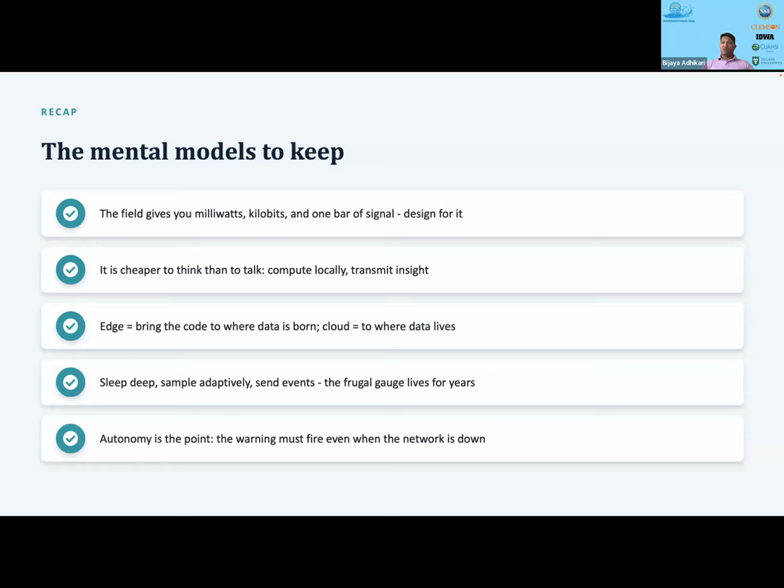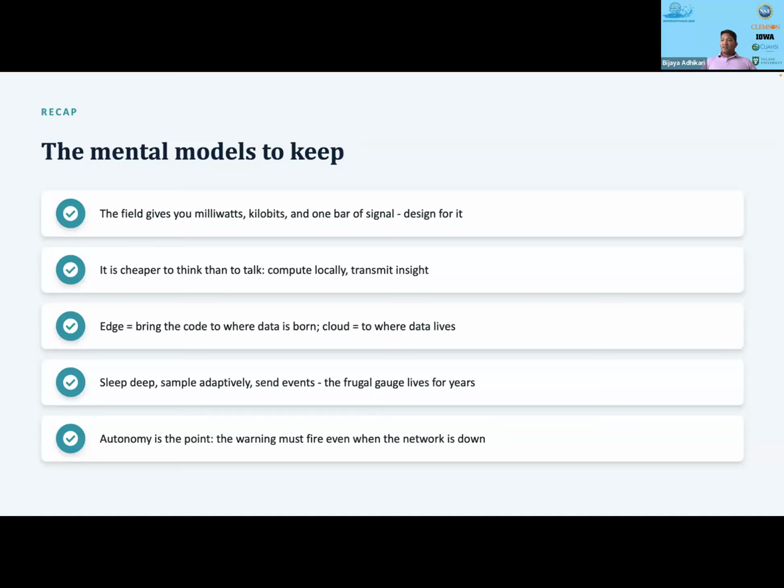This is the boundary between the real world, which produces the data, and the digital world that first senses the data, and we do computation there. That's the edge, and cloud is where the aggregated data and large models live. We might want to have these differences in our head.